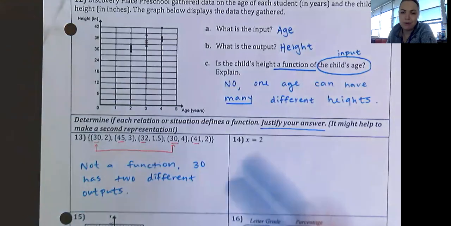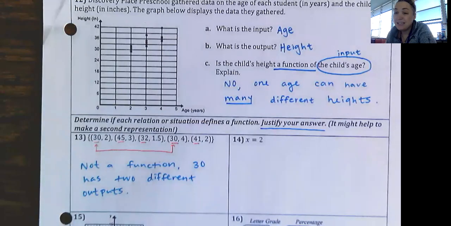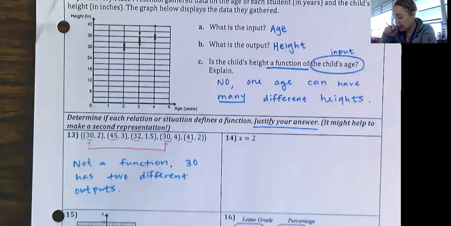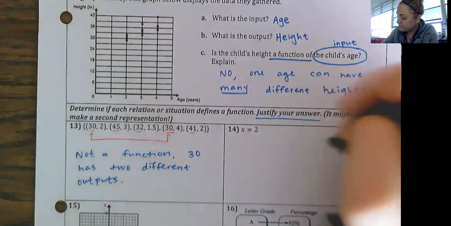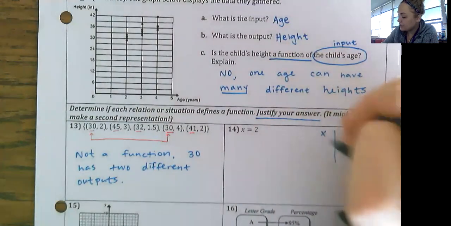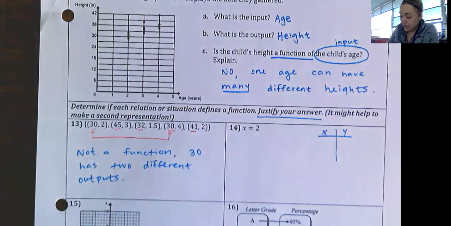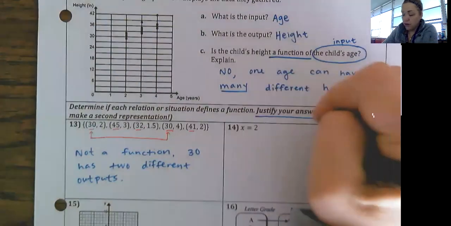Okay, so let's look at problem number 14, x equals 2. These ones are sometimes difficult because we're just given an equation and we're trying to decide what the graph looks like or maybe what the table looks like. So this is where we're going to probably want to make a second representation. I'm going to make a table of this. X and y. So my x values here, they just said are 2.